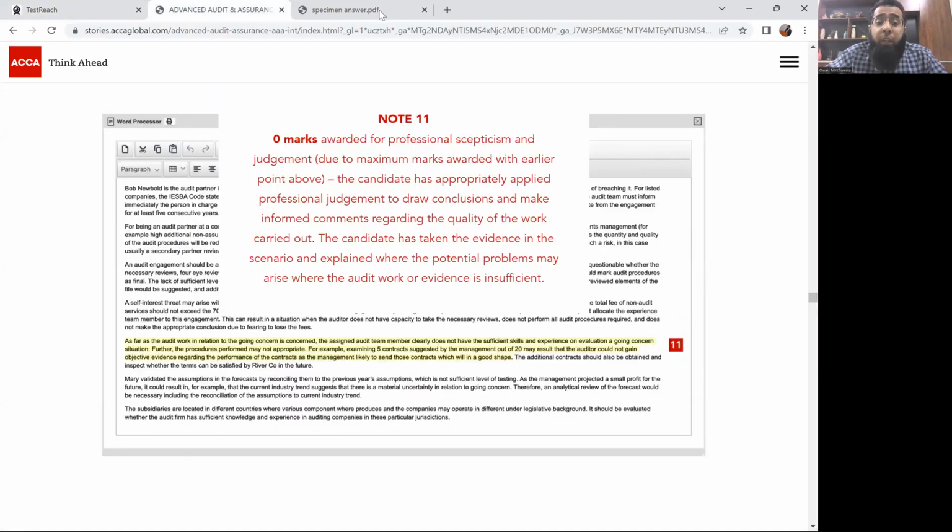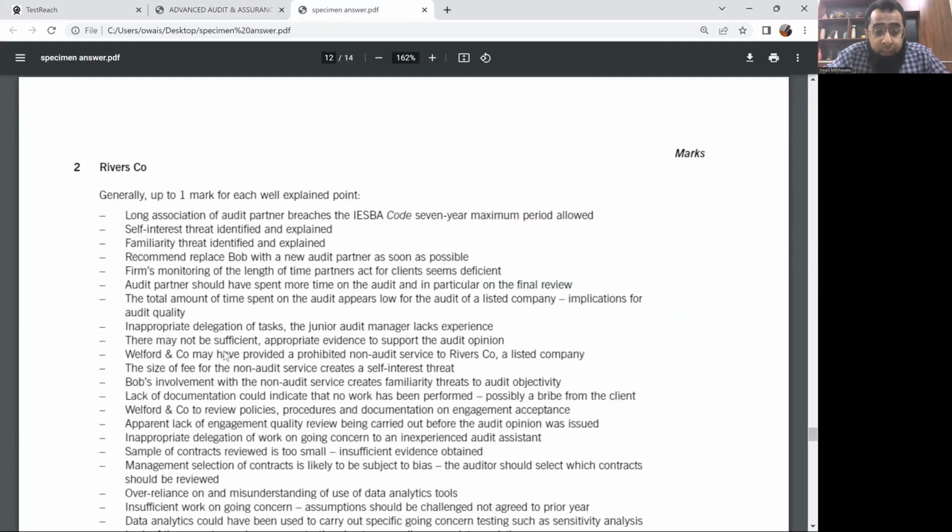So if you look at the marking scheme, we have covered many of the points, like this prohibited point. Okay, we referred the size of the fees. We didn't include the point on familiarity. But we referred the point on lack of documentation. We referred that the firm's policies and procedures are not good. We wrote it earlier that the firm's client acceptance procedures are not appropriate, and the apparent lack of engagement quality review being carried out.